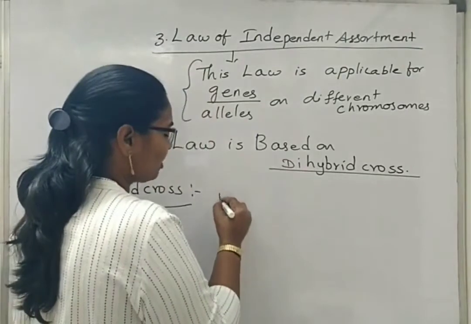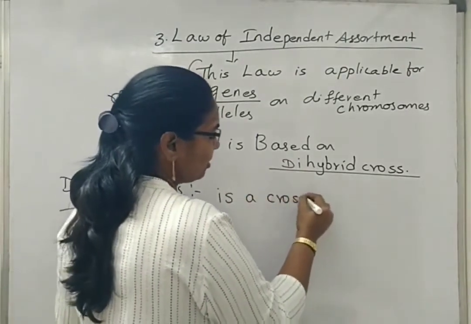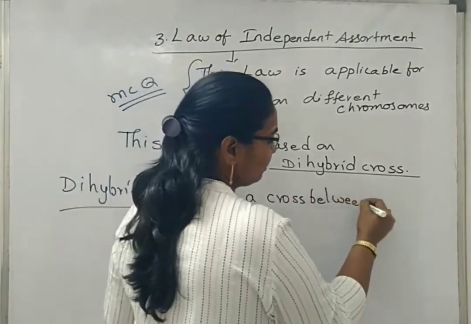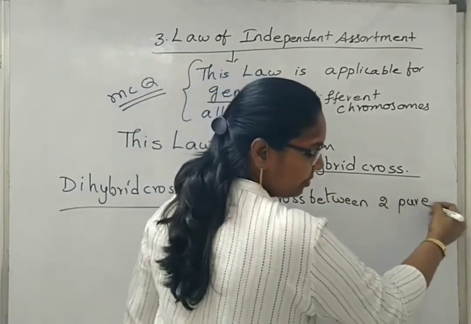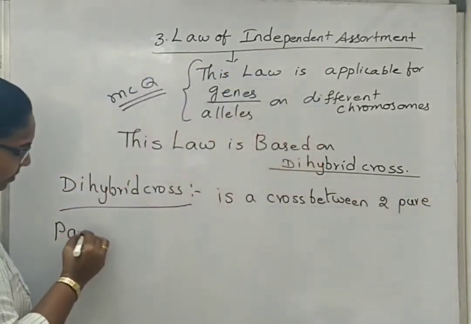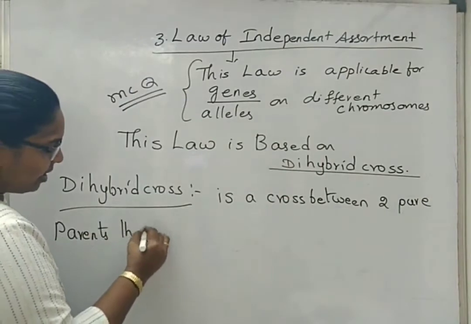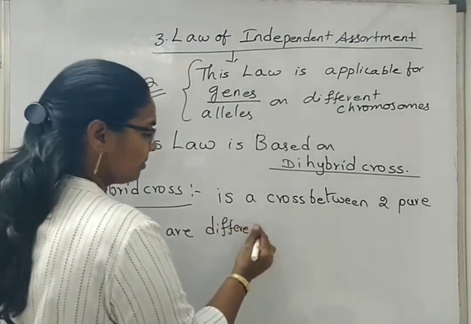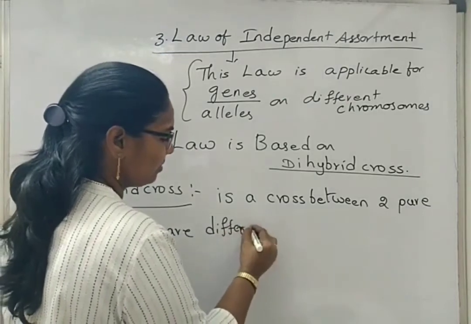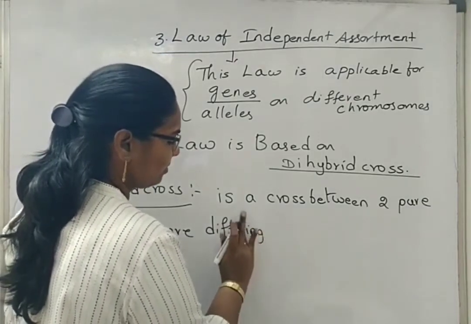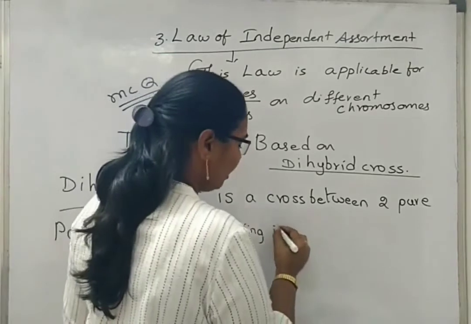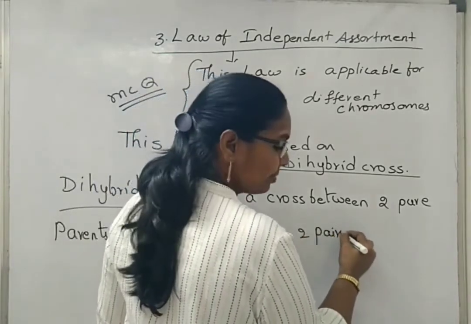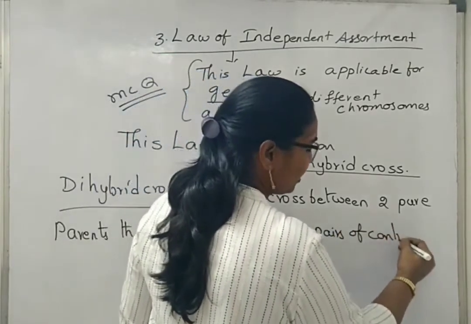So dihybrid cross is a cross between 2 pure parents that are differing in 2 pairs of contrasting characters.